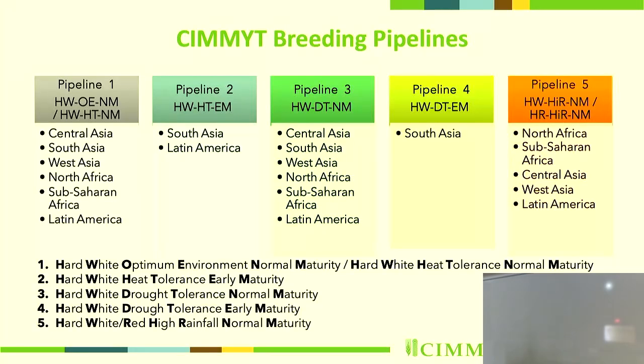We have these 4 pipelines based in Mexico, targeting different geographies and agroecological zones. And then pipeline 5 is the East African breeding pipeline that is based in Kenya. We have made East Africa a hub for breeding efforts, so that all the efforts are on the ground with all the new virulences, since we don't know what's happening with pathogen evolution.